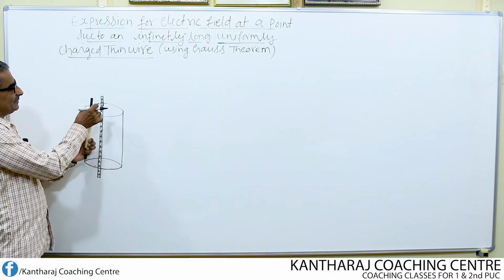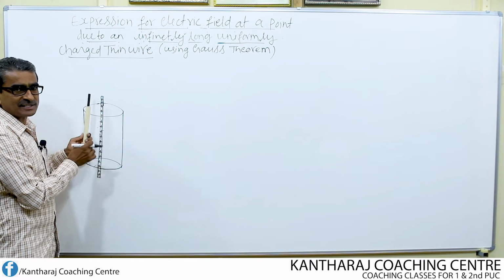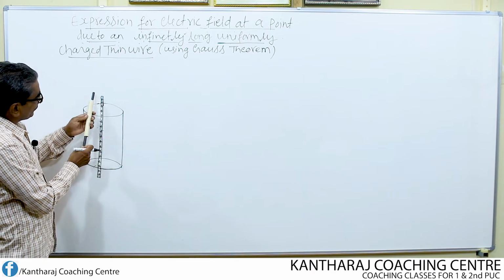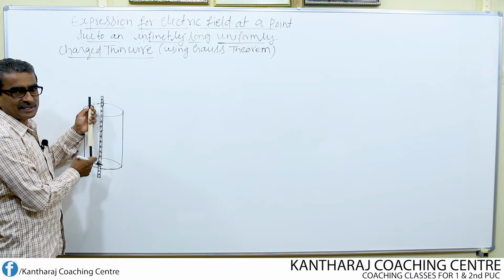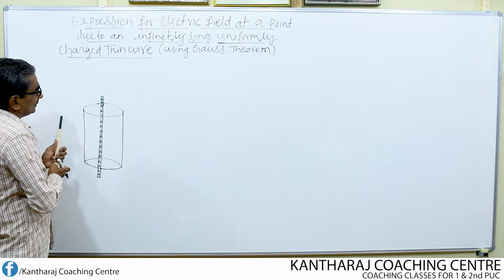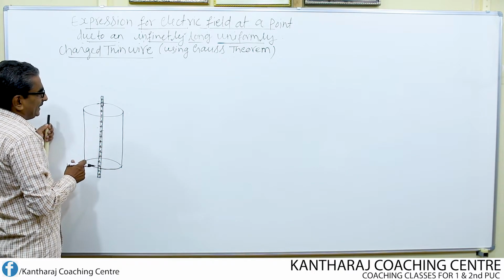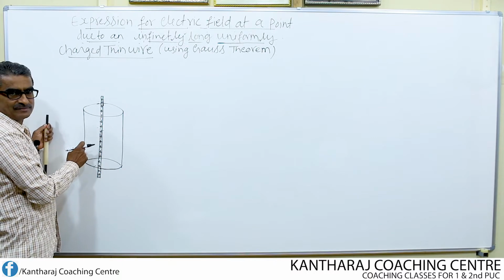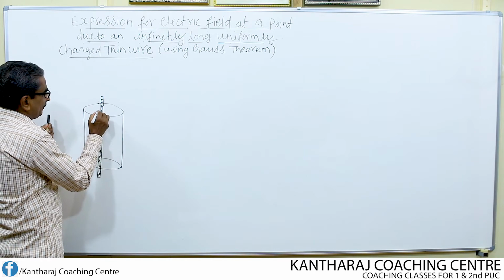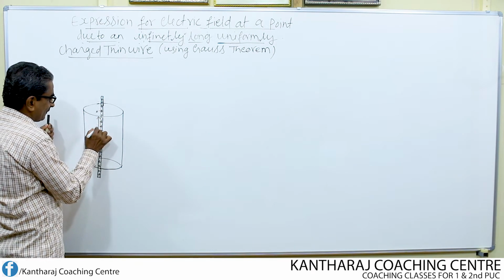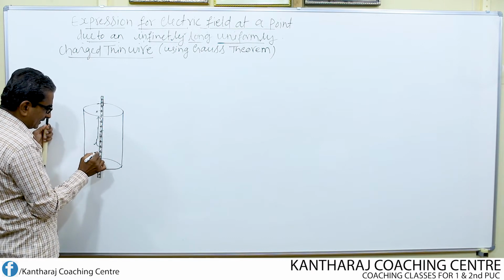As you see here, above the Gaussian surface, there is a little bit of extension of the wire. Even below the Gaussian surface, once again a little bit of extension of the wire. Now I choose the length of the Gaussian surface as equal to L. Say for example, from here, let L be the length of the Gaussian surface.